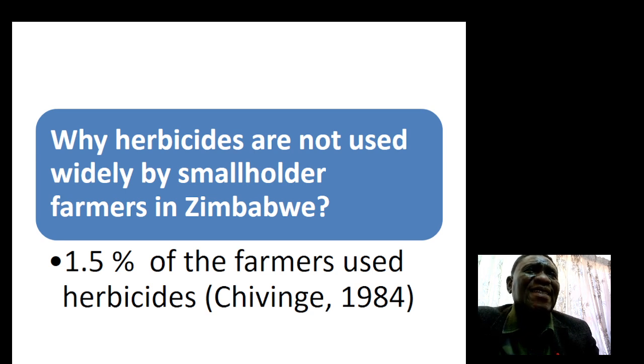Chivinge in 1984 gave a figure of 1.5% of farmers who were actually using herbicides. That is smallholder farmers. I don't know whether this figure has changed.